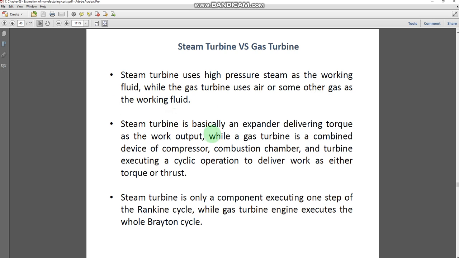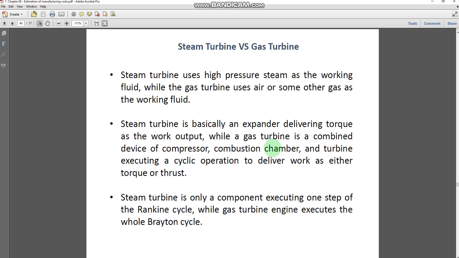A steam turbine is basically an expander delivering torque as the work output, while a gas turbine is a combined device of compressor, combustion chamber, and turbine executing a cyclic operation to deliver work as either torque or thrust. So in the steam turbine, you simply have an expander where the steam is getting expanded, and then at the outlet of the steam turbine, it can be converted into water again.